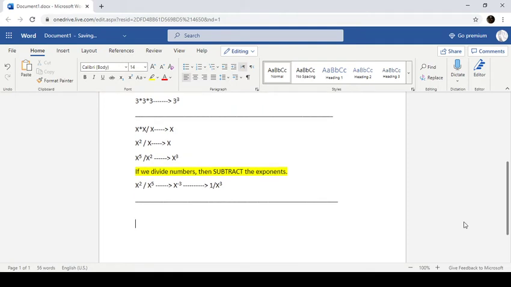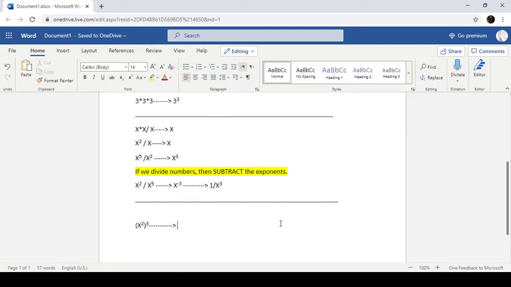Next rule. What if we have something like x to the second raised to another power? Say 3. Well, we already know that x to the second is x times x, so what does it mean to add another power to that?